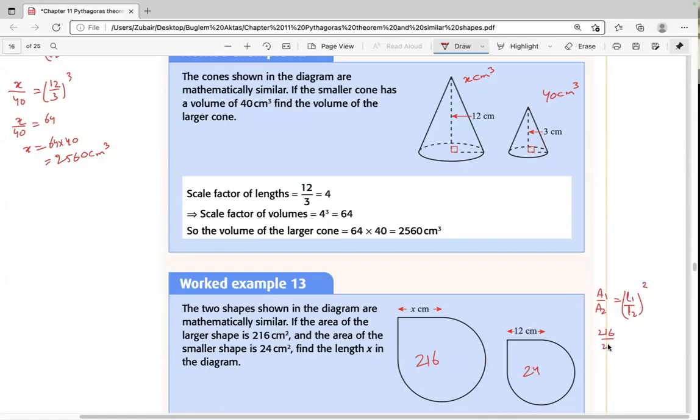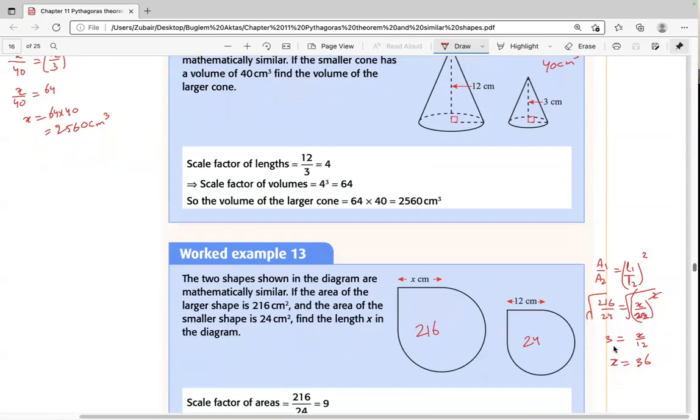So 216 over 24 equals x over 12 squared, because these are areas. 216 by 24 gives me 9. So square root both sides gives me 3 equals x by 12. 3 into 12 is 36. So x equals 36 centimeters.